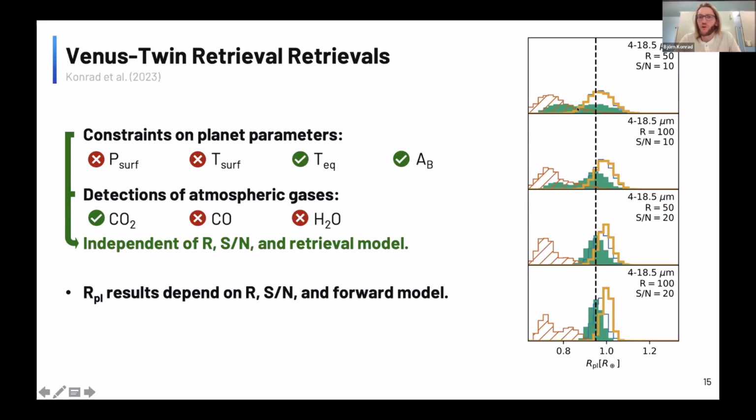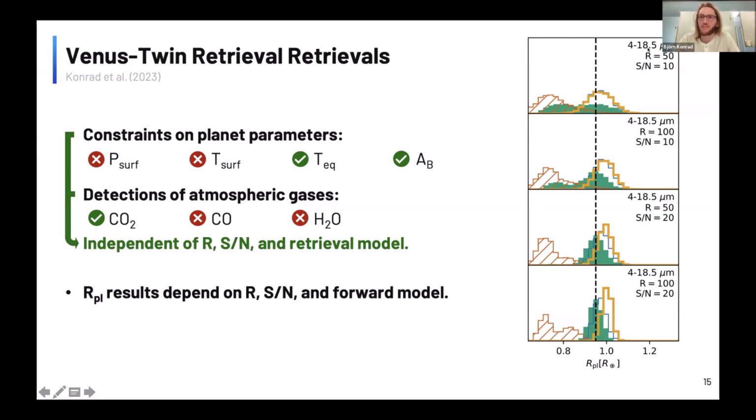What I want you to focus on is the thick yellow line, which is the estimate for the planet's radius for the cloud-free model. The other thing is the green histogram, and that is the estimate for the planet radius for the sulfuric acid clouds. So this sulfuric acid cloud model.